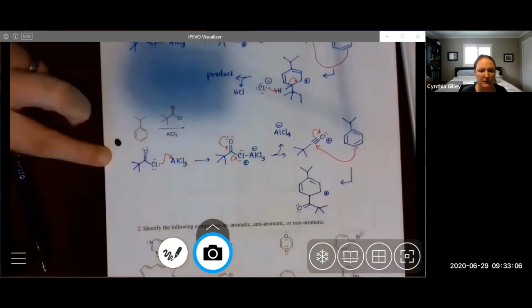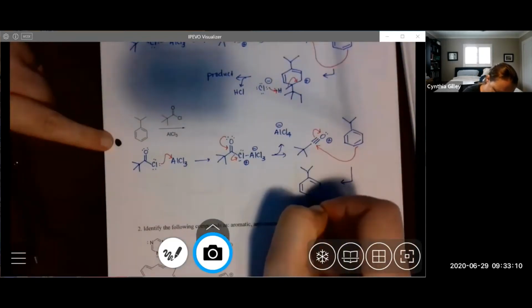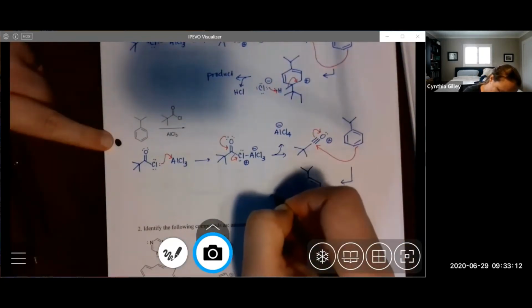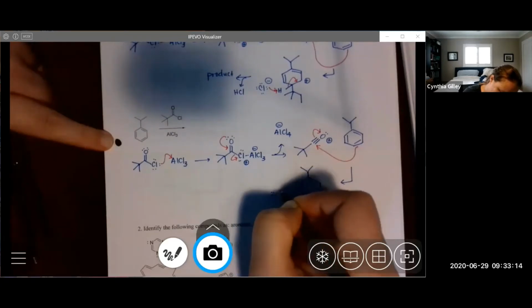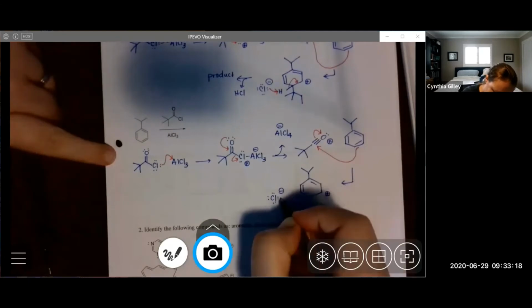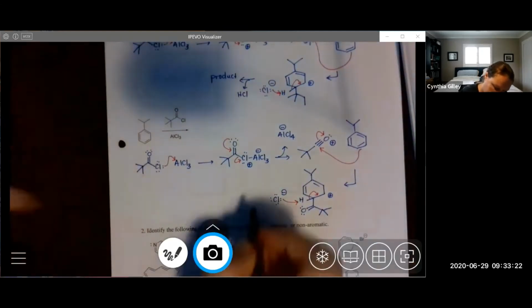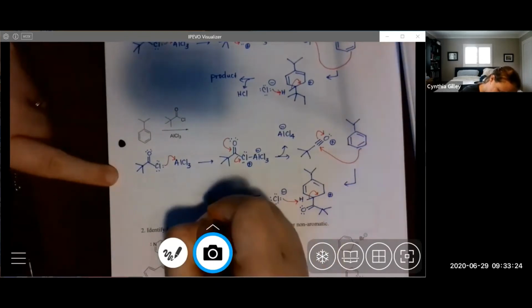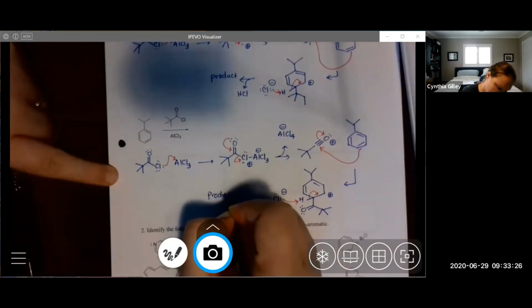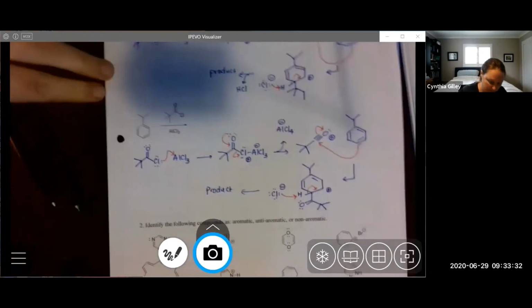So that introduces the acyl group in that para position. And then the final proton transfer again generates the aromatic product. This generates our product, which I might draw from here just because there's more room.